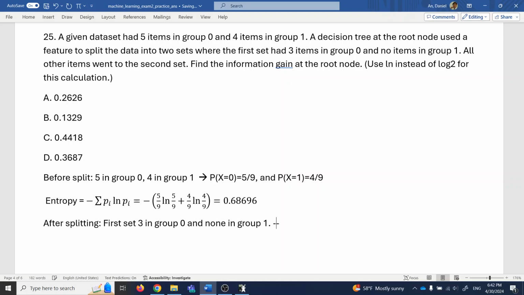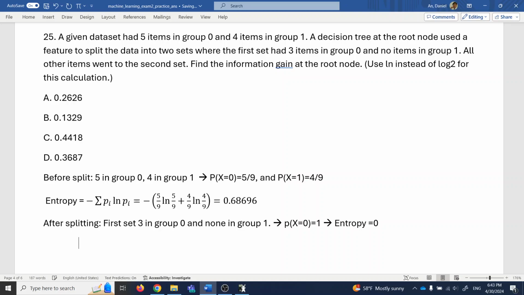Okay, so that means you have probability of 1 for being in 0, right? It's just 1. There is no other case, which means that when you take p_i ln p_i, you get ln of 1, but ln of 1 is 0, so your entropy will be 0. So if you ever have a case where you only have one group, then entropy will just be 0. That's something nice to know, okay?